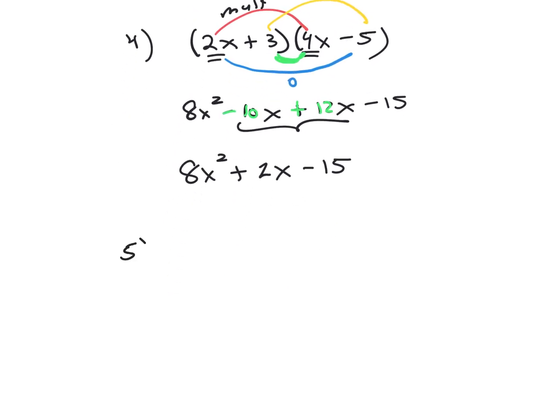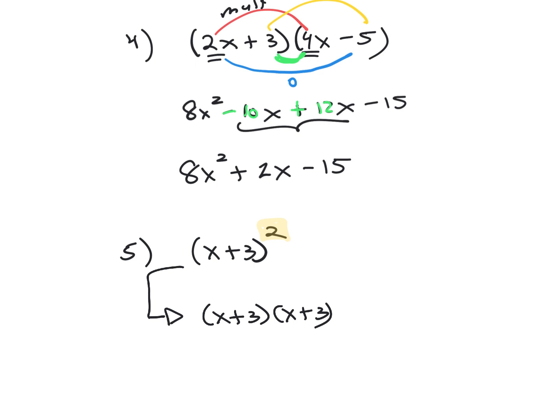And if I gave you x plus 3 squared, remember what squared means. Squared, really, this is just a fancy way of writing an x plus 3 times another x plus 3. So remember what squared means.